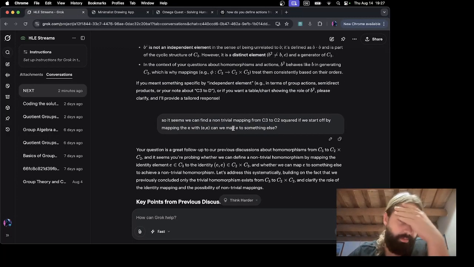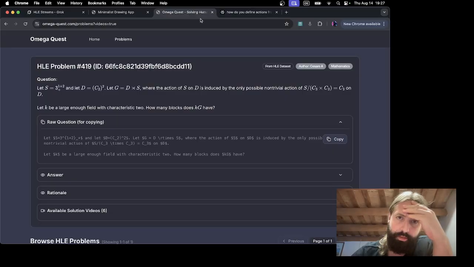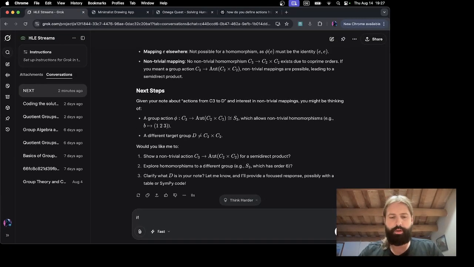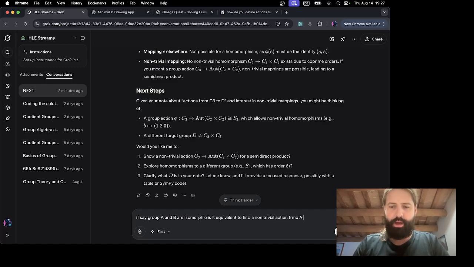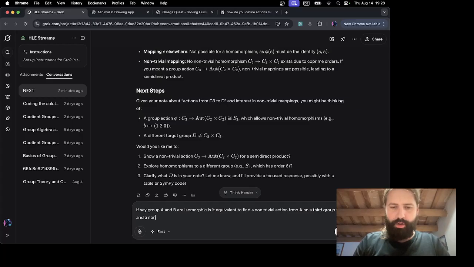I mean, to me this seems obvious that it's impossible, but then the question wouldn't make sense. So my follow-up question would be, if groups A and B are isomorphic, is it equivalent to find a non-trivial action from A on a third group C and a non-trivial action from B on that same C?